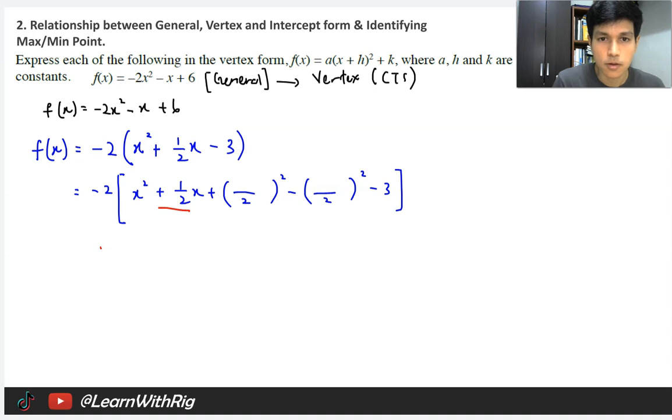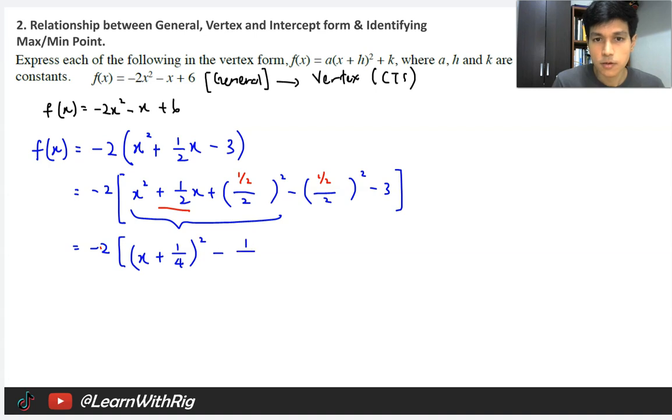So it's going to be 1 over 2. So now you're going to get negative 2. You're going to factorize this part. For those of you who've forgotten, I hope you go and revise. So you get x plus 1 over 4 squared, and then negative 1 over 16 minus 3.